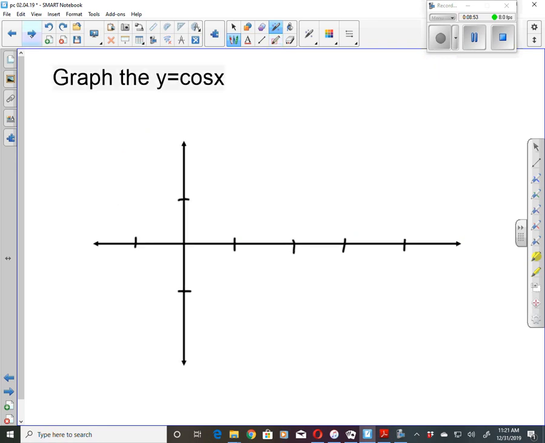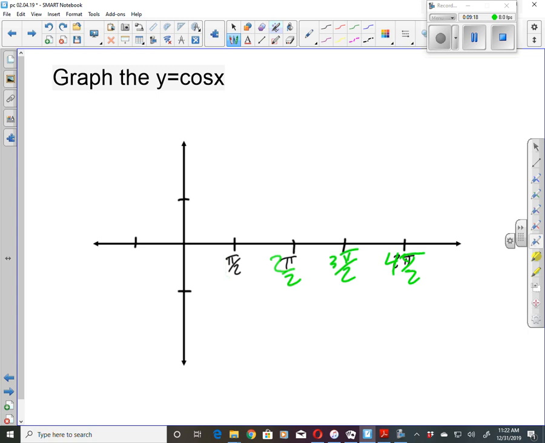Same thing is going to be true for the cosine function. Instead of 360, we're going to write 2 pi. Half of 2 pi is pi. Half of pi is pi over 2. This is 1 pi over 2. This is 2 pi over 2. This is 3 pi over 2. This is 4 pi over 2.